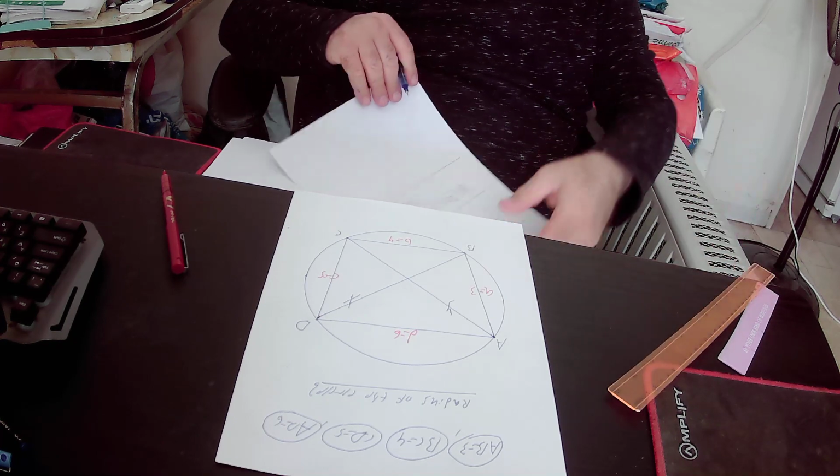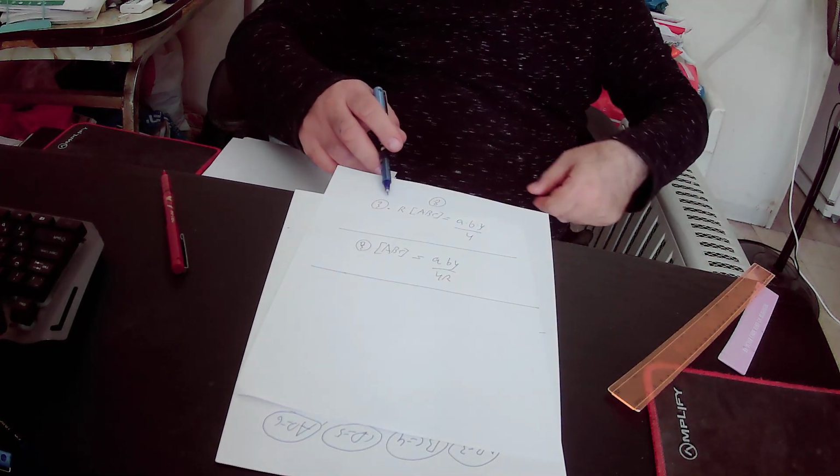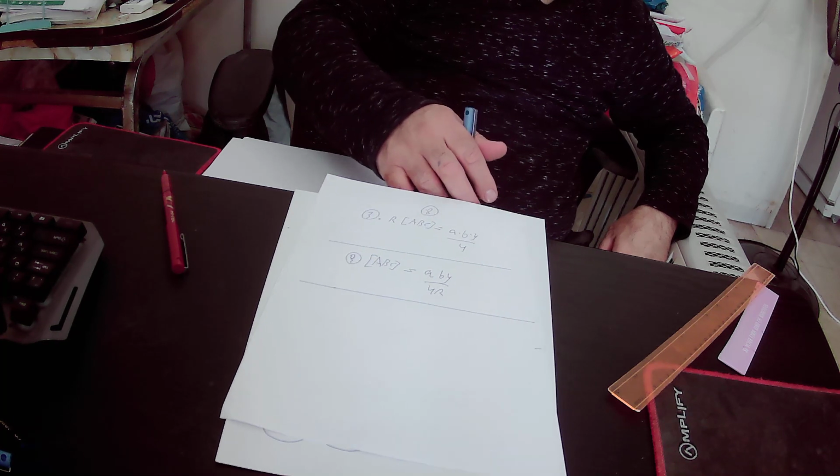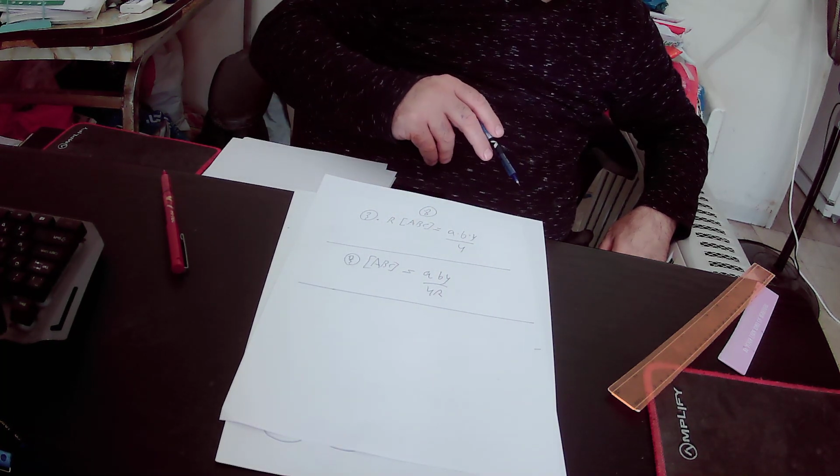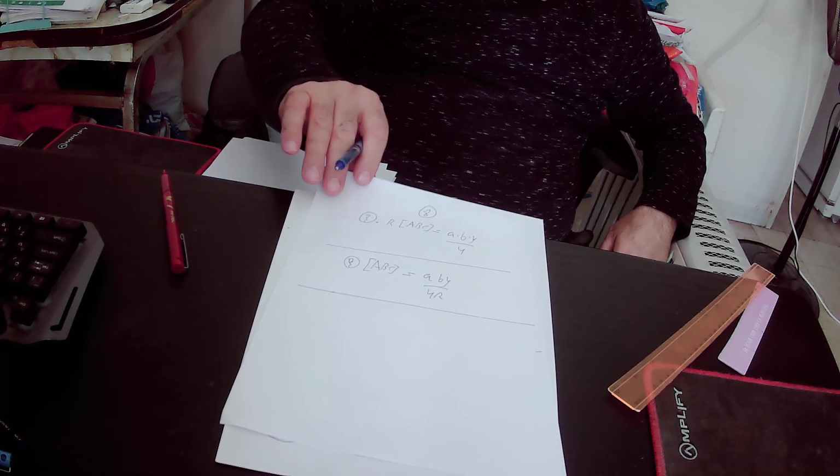I will repeat again. We divided this equation by R, and we got that the area of triangle ABC equals aby over 4R.